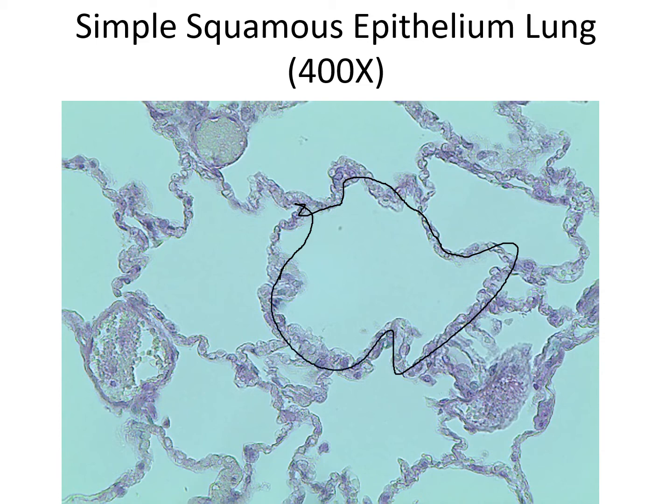And you see the cells are pretty flat, right? So here's the cells. You need to recognize this type of tissue, and you need to know that it's simple squamous epithelium.